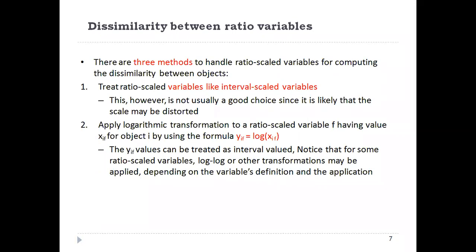There are 3 methods to calculate the dissimilarity between ratio variables. First, you can treat them as interval scale variables. We had some discussion on how it works, so you can use the same method. It works, but it's not a good or usually used method. The second method is to apply a logarithmic transformation. It's a widely used method.